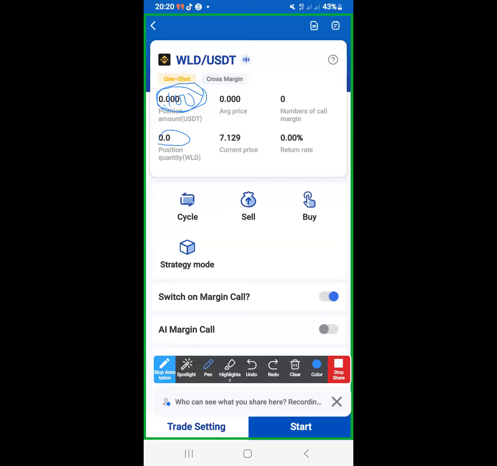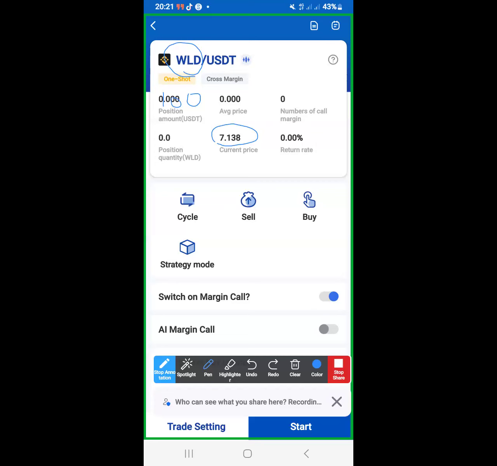For example, if here we had $100 and each coin, at the moment for WLD, is trading at $7.122, then if you have $100, that will be about 60-something coins, close to 70 coins.